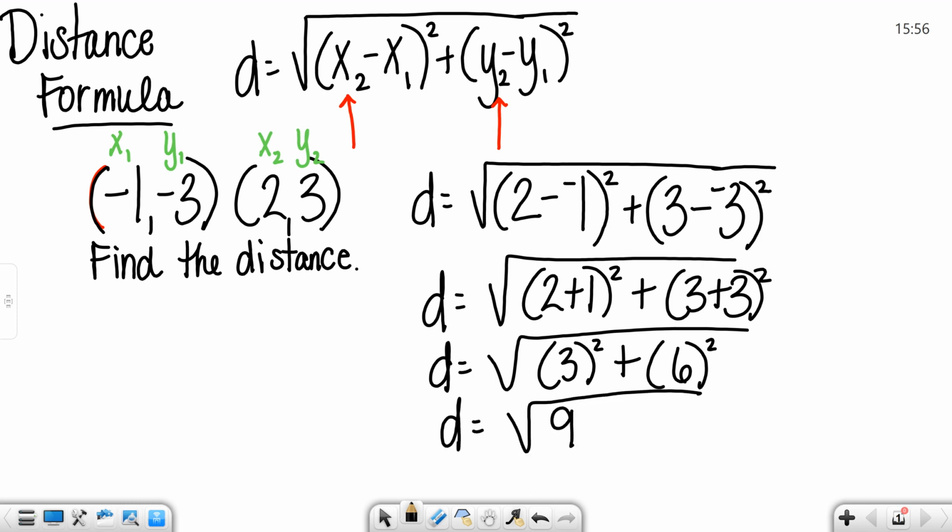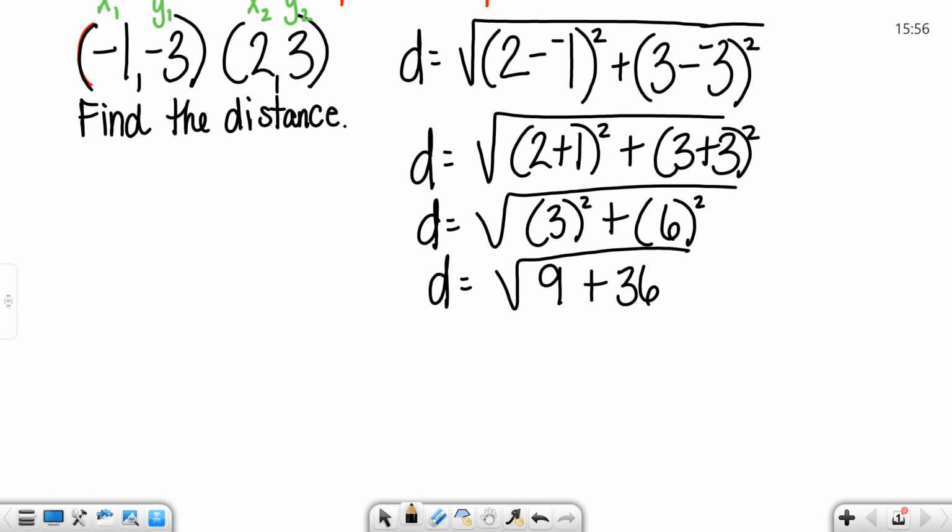Okay, now 3 squared is 9, 6 squared is 36. So I end up with the square root of 45. Now, My Math Lab is going to ask you to simplify that radical, and I don't believe it wants a decimal. Okay, it only wants a decimal if it tells you that you can round.